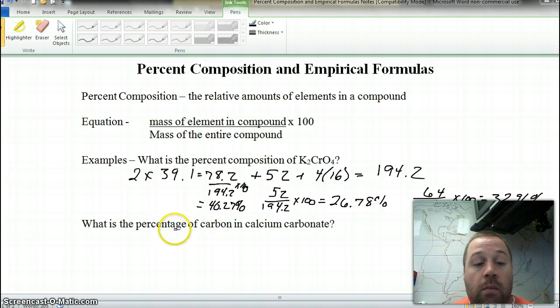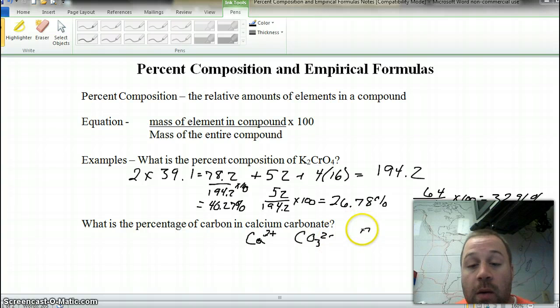For the question down here, it says, what is the percentage of carbon in calcium carbonate? So you just want one element, not each individual element. So you have to first figure out what calcium carbonate is. Putting it together using the rules that we've used in the past, calcium, look up its charge off the periodic table, it's 2+. Carbonate is CO3, 2-. So calcium carbonate is CaCO3.